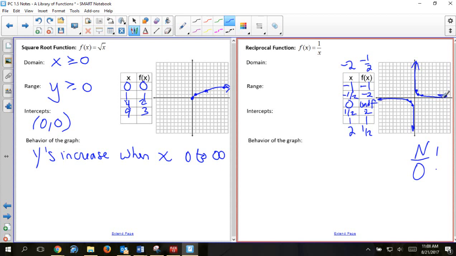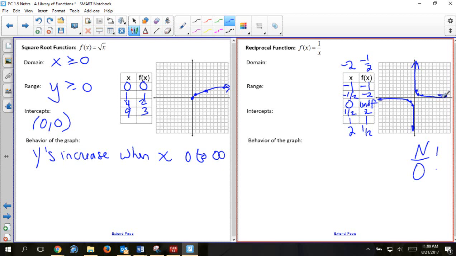Domain, left to right. How far does it go to the left? How far does it go to the right? Right, so you right now are telling me interval notation, which is excellent. So it'll be easy if you know interval notation once we do that. I'm going to write it as according to x.